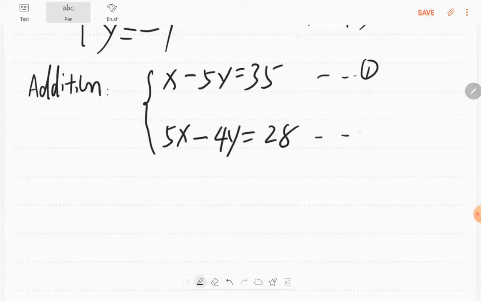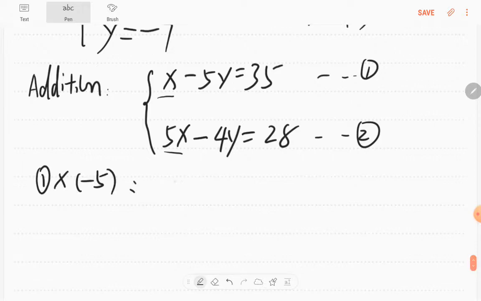This is equation 1, this is equation 2. So we want to multiply an equation by some numbers, then we add up the equation 2, you will cancel out some variables. So here is x, here is 5x. So if you multiply negative 5 on the equation 1, then add on the equation 2, the x term will disappear.